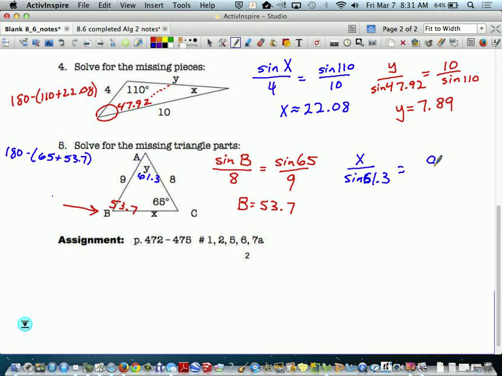So 9 on top, sine of 65 on the bottom. X turns out to be approximately 9 divided by the sine of 65, hit enter, multiply by the sine of 61.3, and you're getting 10.95. Are people getting numbers close to that? Yep. Okay.